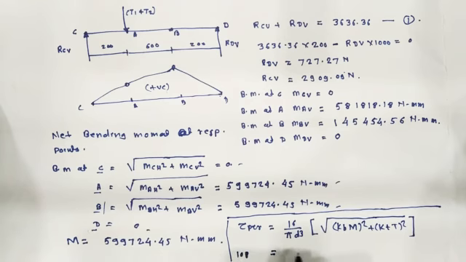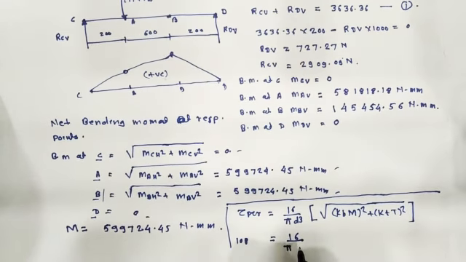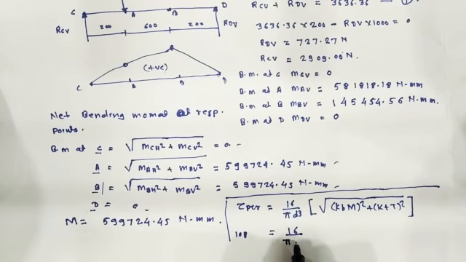In this formula we have tau permissible equal to 108, which is equal to 16 upon pi d cube, and in the bracket the values of Kb and Kt are known to us.